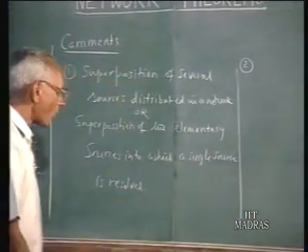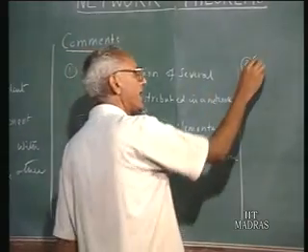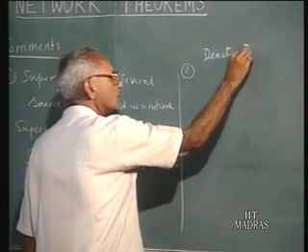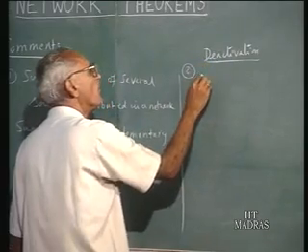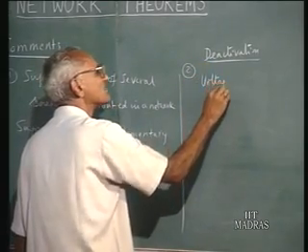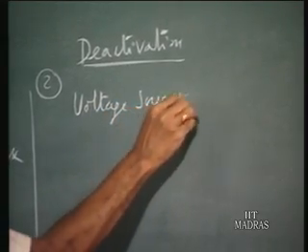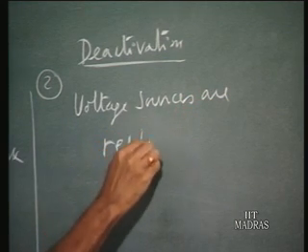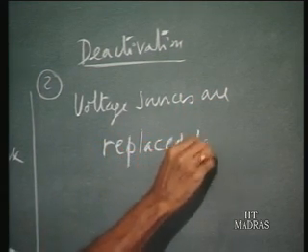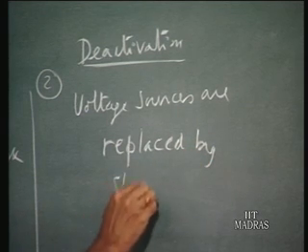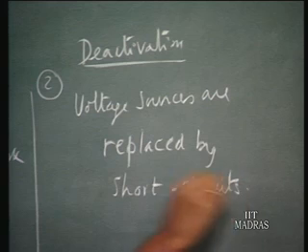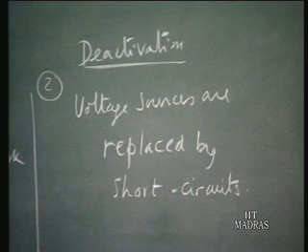Second comment is, deactivation means voltage sources are replaced by short circuits, because the voltage strength is made equal to 0. That means a particular voltage source is replaced by a short circuit.